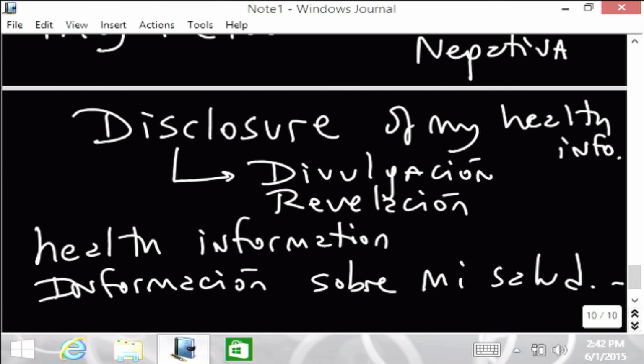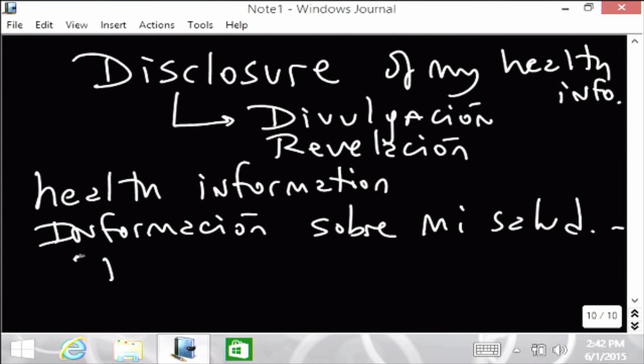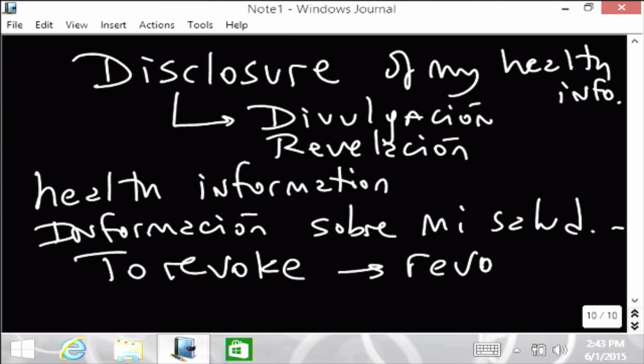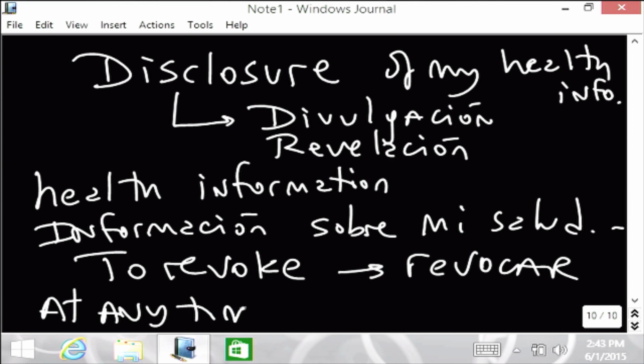Now, the verb to revoke, how would that be used? I may revoke this authorization. Okay. Revoke is simple, revocar. It means you agreed once and now you change your mind. That's what it really means. So if it says, I may revoke this authorization at any time, and this one I want to also point out, at any time. This is not en cualquier tiempo. Never use time as tiempo. In Spanish, it's almost never tiempo, if you think about it.